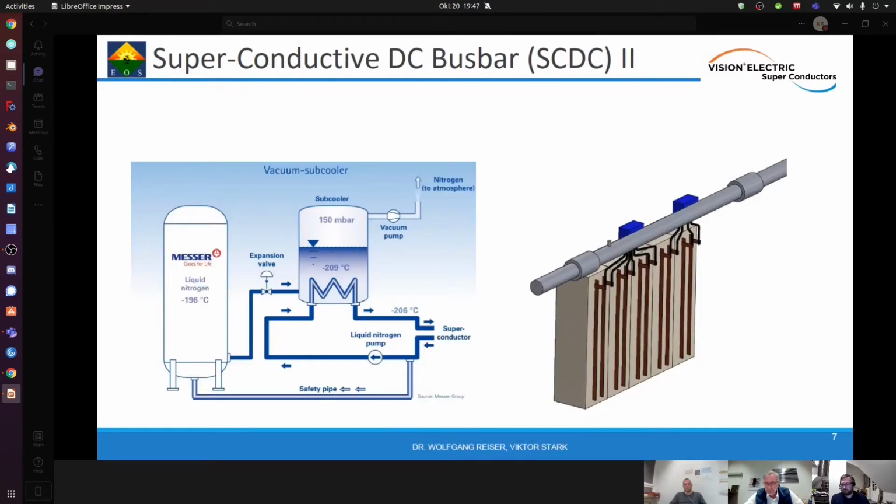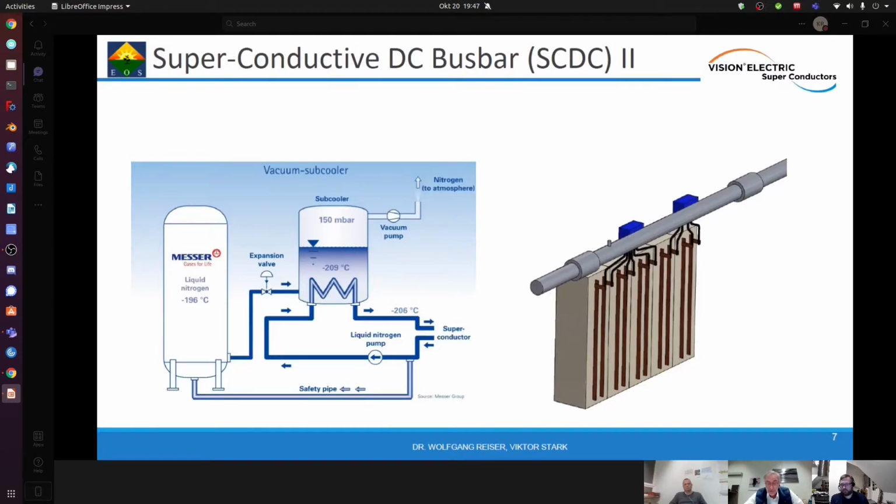That means if your energy cost in a data center is higher, then liquid nitrogen supply is definitely much more efficient. And as you explained to me, liquid nitrogen is basically a waste product and relatively cost effective, right?